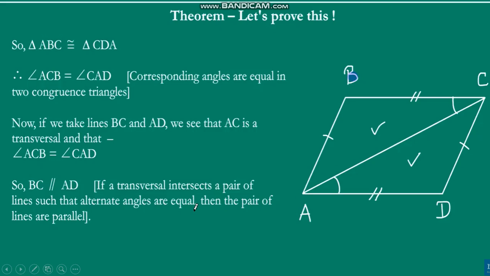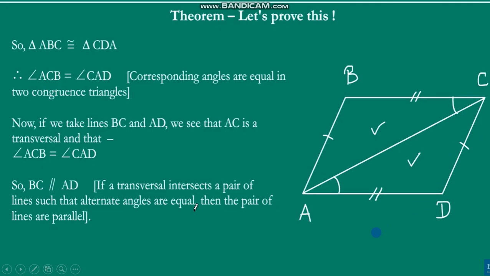Like that, suppose AB and CD are two sides parallel to each other and AC is a transversal line. Then this angle and this angle are what we call alternate interior angles. Both are the same. Consider any one side, suppose BC is parallel to AD or AB is parallel to CD.